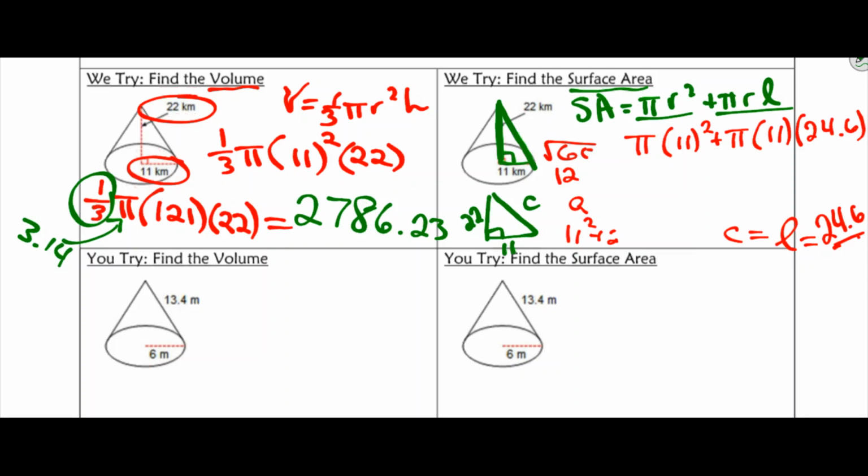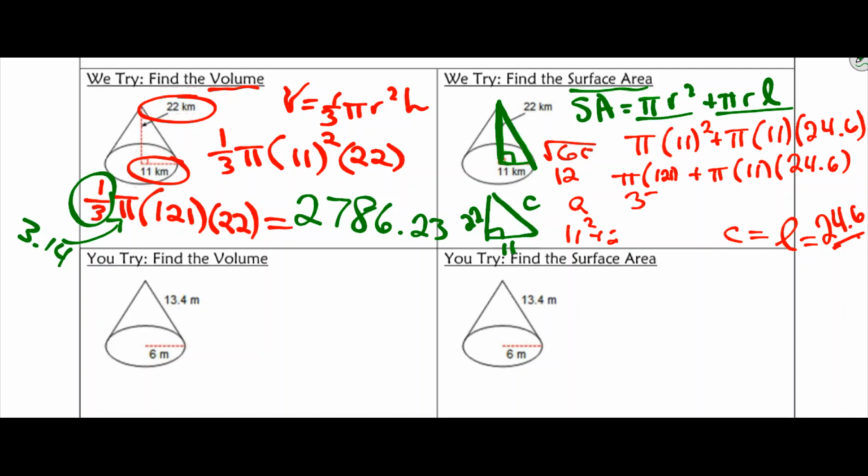Still follow order of operations, so I'm going to do this exponent first. It's pi times 121 plus pi times 11 times 24.6. I'm still going to use the 3.14 there.